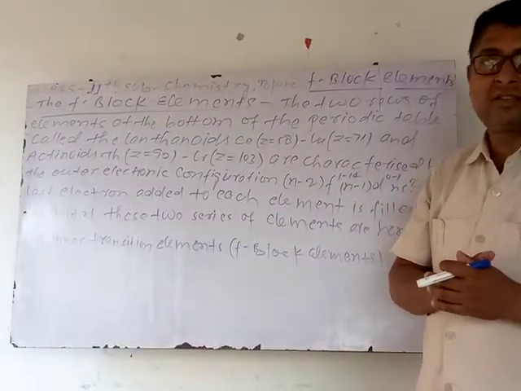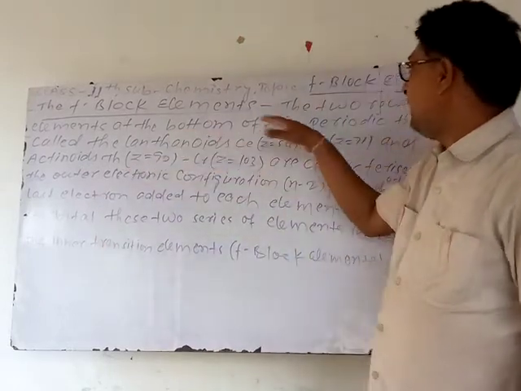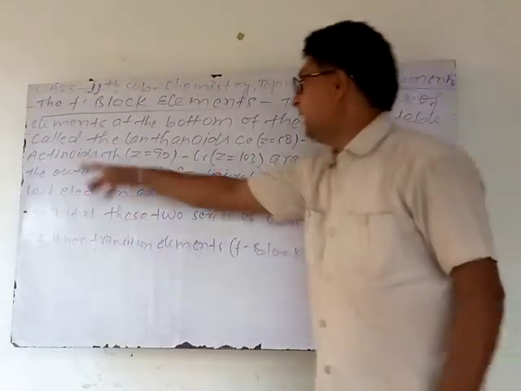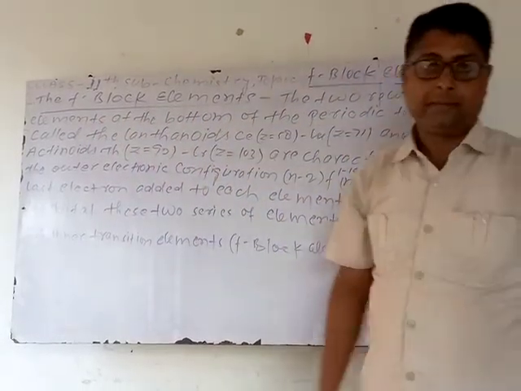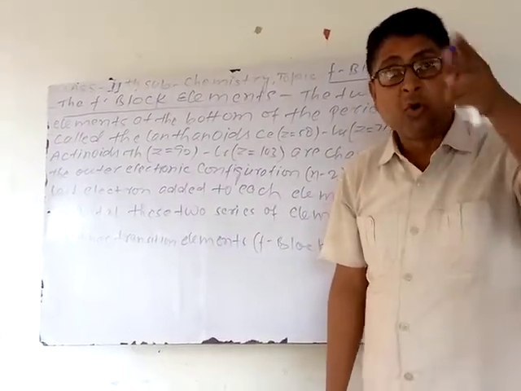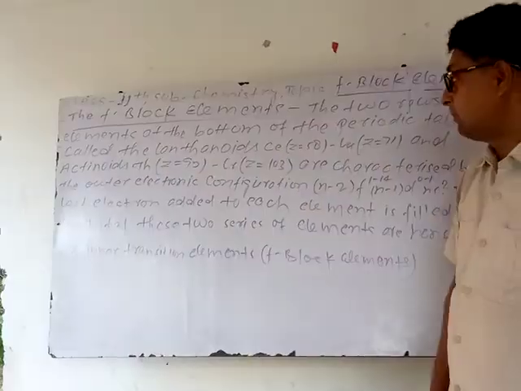Students, please see, we start f block elements. The two rows of elements at the bottom of the periodic table represent the f block elements.